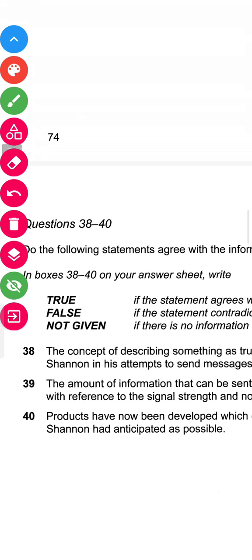question, number 39. Let's read the question first, what it says. 39.